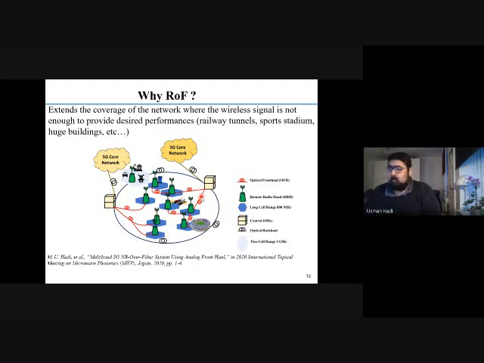That can be analog, digital, sigma delta, whatever you name it. So in this way, you are extending the coverage of the network, not only through the wireless medium, but also through the wired medium. For example, in stadiums, in railway tunnels, in sports stadiums, even the huge buildings nowadays with the supercell and all those, they are being used in this communication.